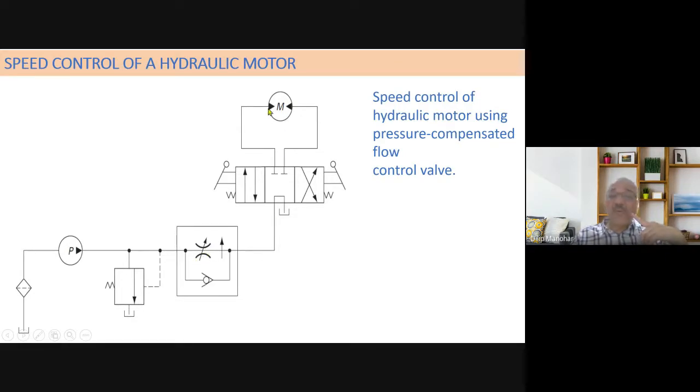It will drive the motor in one direction or the other direction depending on the position of the direction control valve. When you want to do reverse operation, the flow of the pump will be stopped, and the reverse operation will be corrected through the direction control valve.